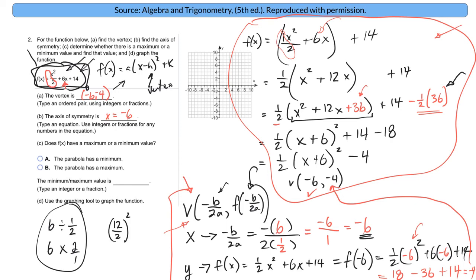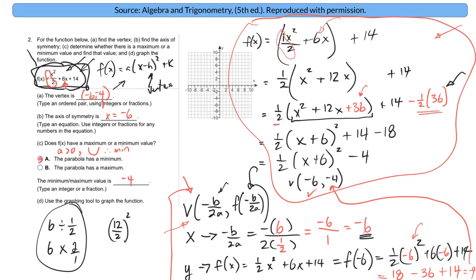Well, since a is greater than 0, the parabola goes like this. Therefore, it must have a minimum. And the minimum value is whatever that value is. It says type an integer or a fraction. It would just be negative 4. That's how low it could go.